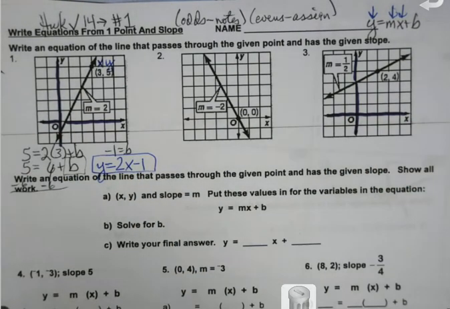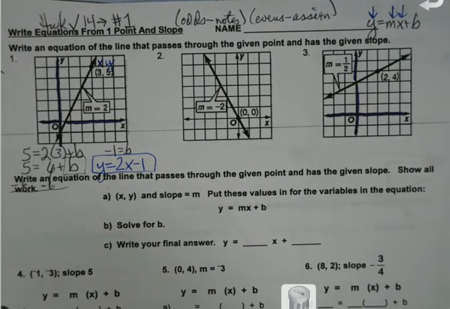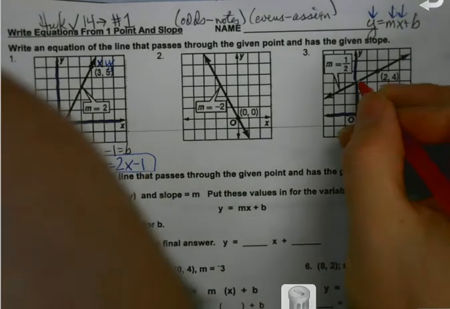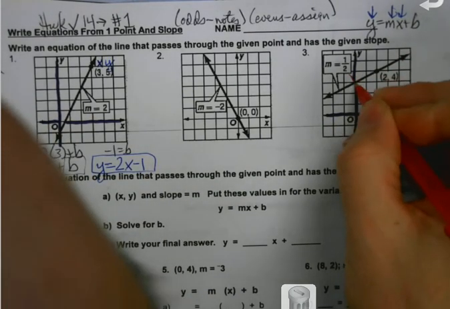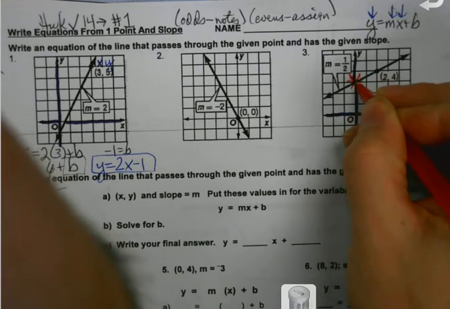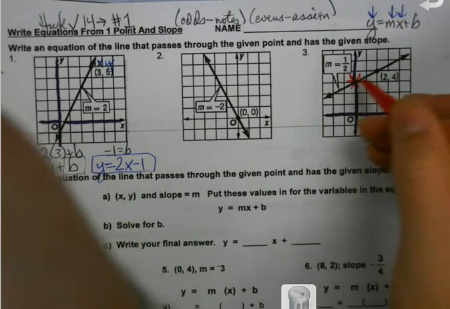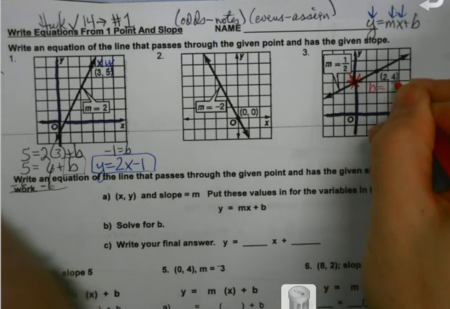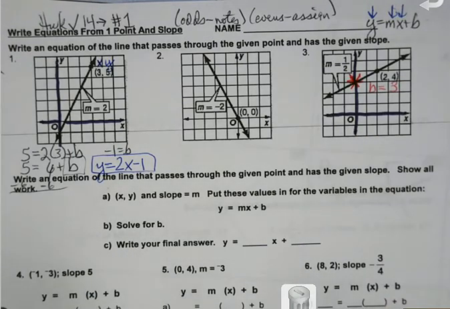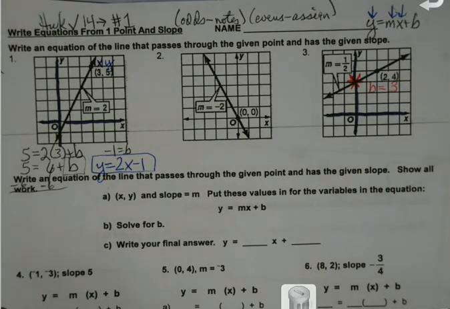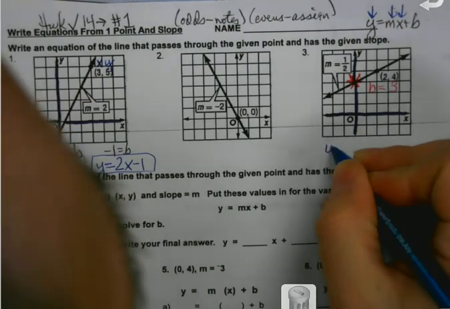Now, when it's with the graph, let's see if we can shorten this up a little bit this time. Here's my y-axis. Here's my point where it's crossing. What point is that? Let's see. 1, 2, 3. Okay. So my b equals 3. My y-intercept is 3. Well, if I know what both my m and my b are, I can just go ahead and write the equation.